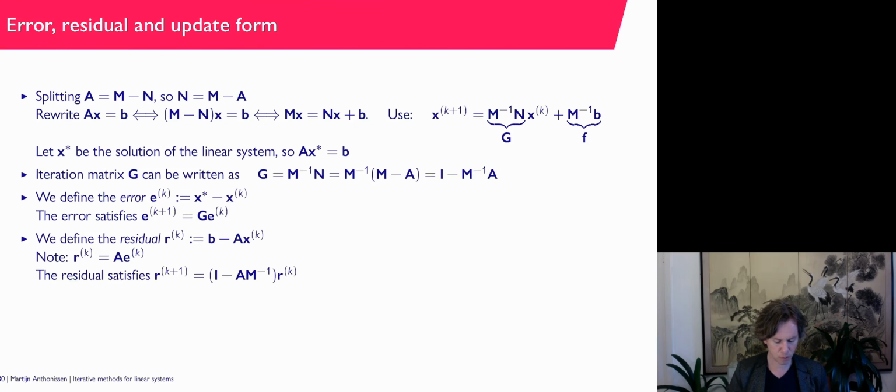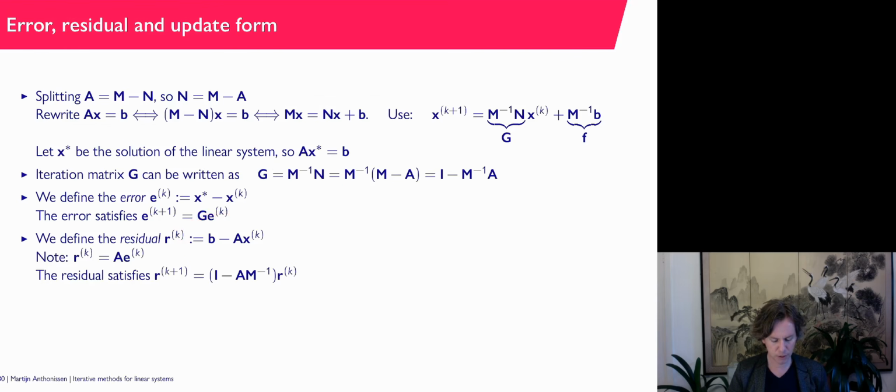We can also look at the residual. We've already encountered the residual a couple of times in applications, and the residual is b minus Ax. It's normally denoted with r for residual.